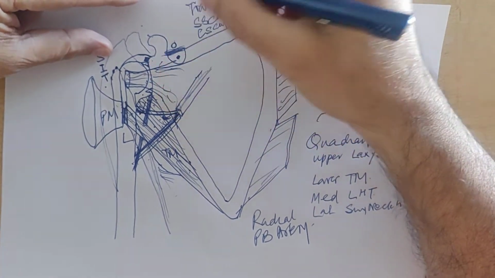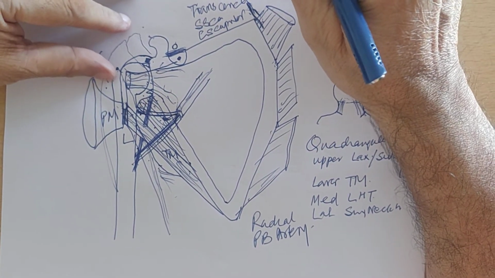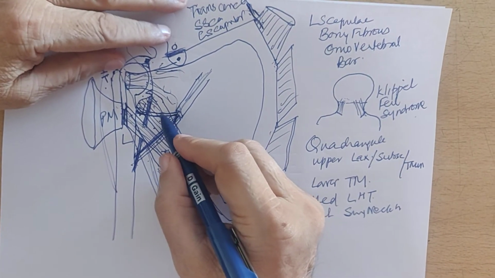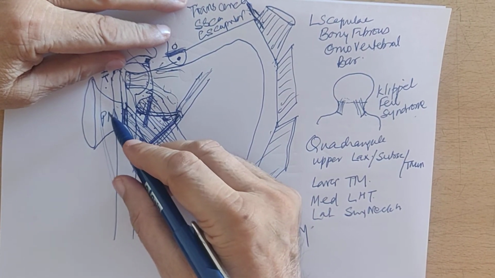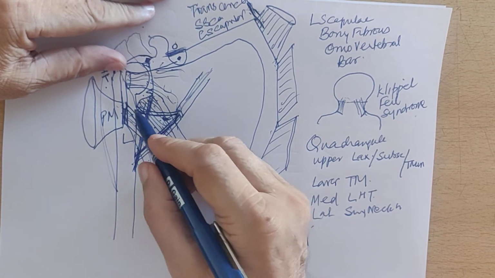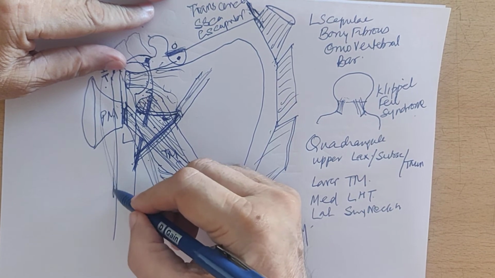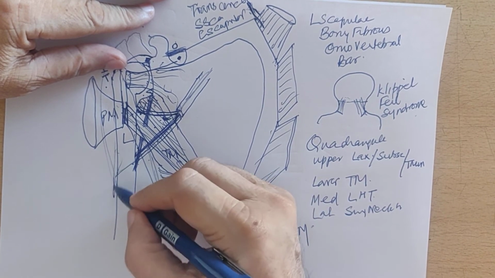So this is the anastomosis around the scapula, and around the upper end of the humerus you have the arc formed by the anterior and posterior circumflex humeral artery, which anastomose with the profunda brachii artery.